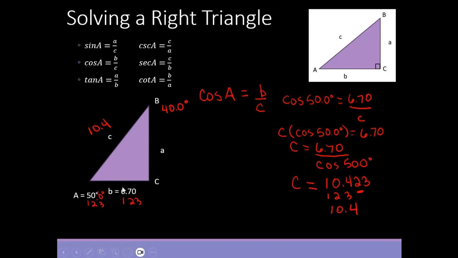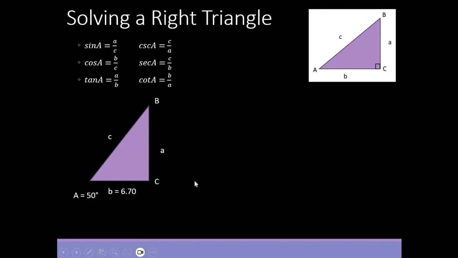You want to use what they gave to you in the problem as much as possible whenever finding the unknowns. Okay, so we have B and A, and we want to find something with angle A. So that to me looks like we're going to need to use tangent. So let's do that.